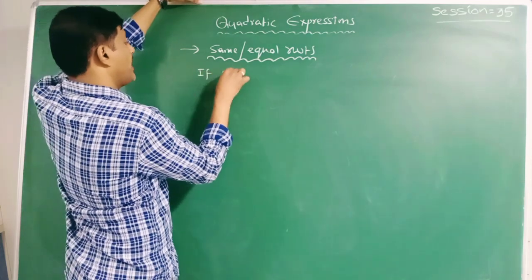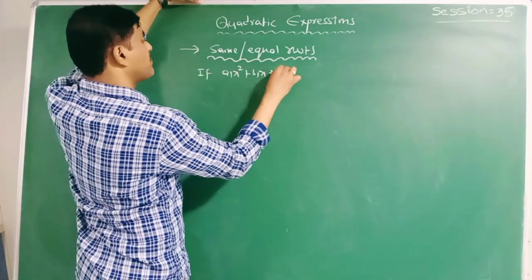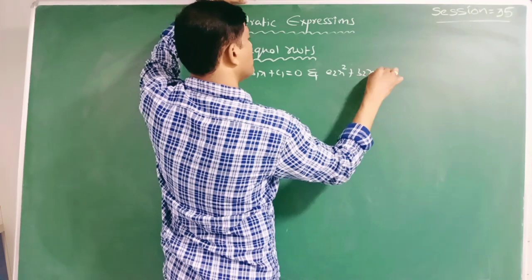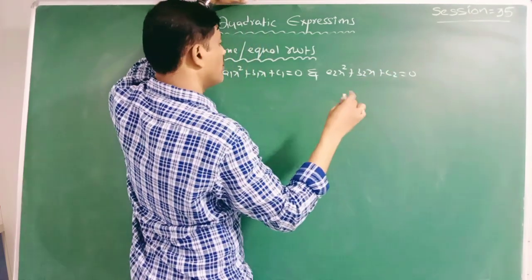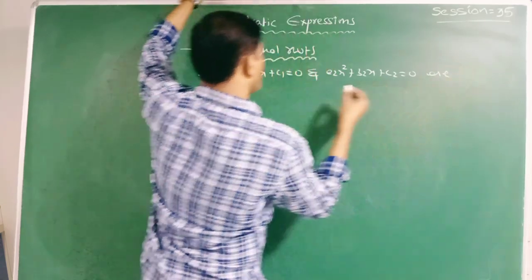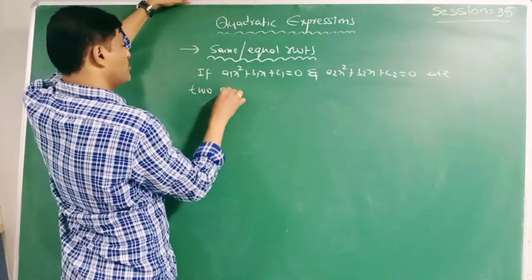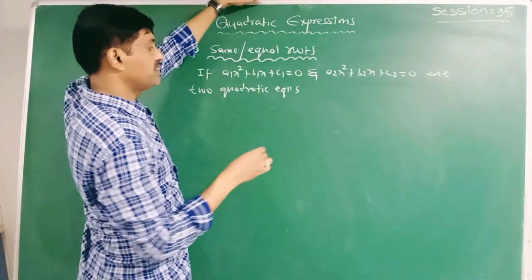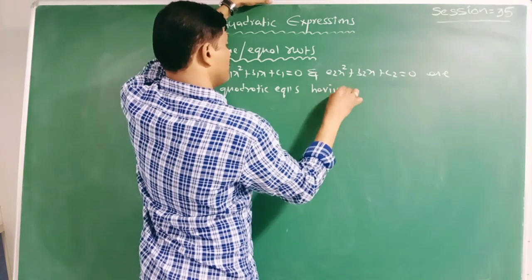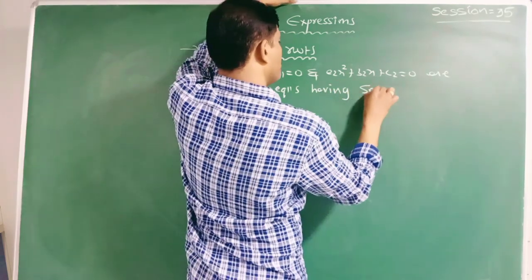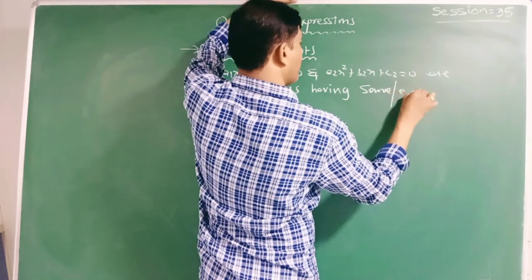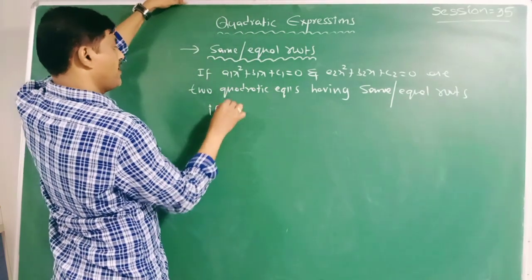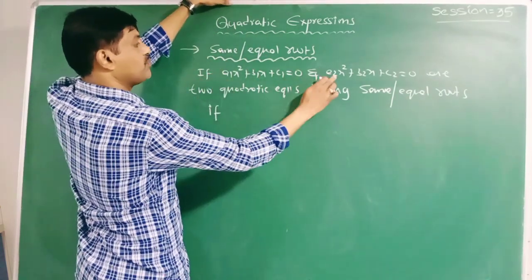If a1x square plus b1x plus c1 is equal to 0, and a2x square plus b2x plus c2 is equal to 0, the two quadratic equations have same or equal roots, then we have to compare their corresponding coefficients.